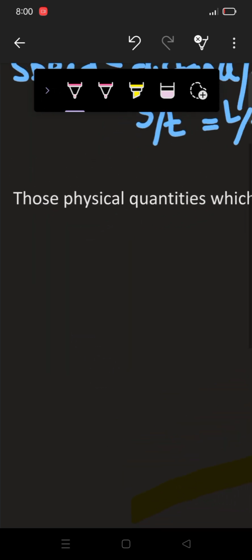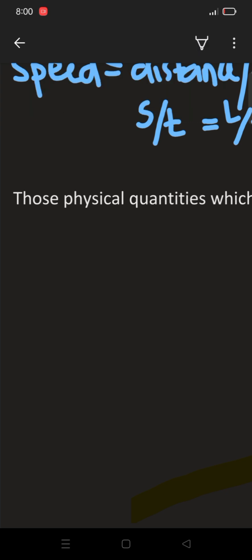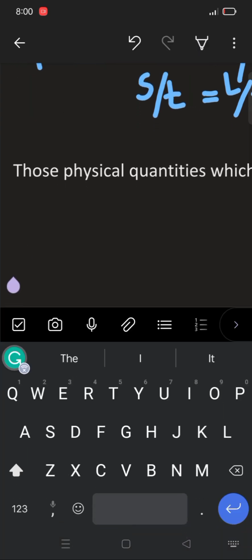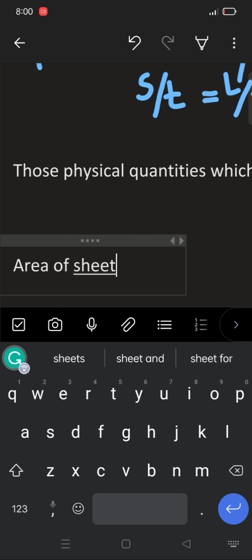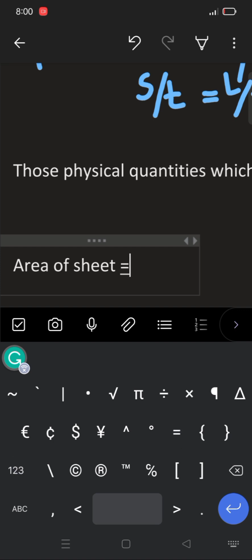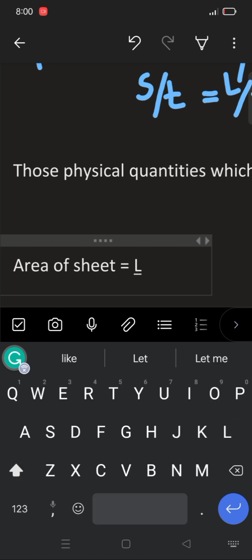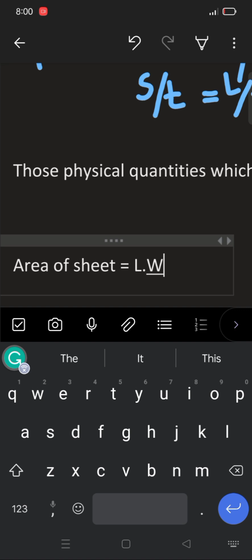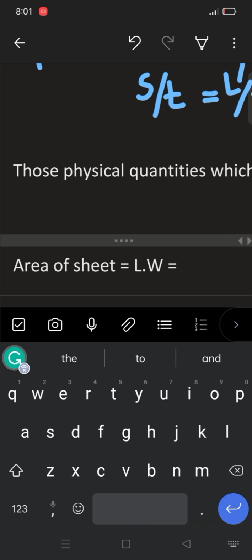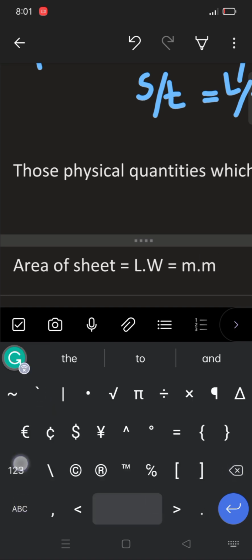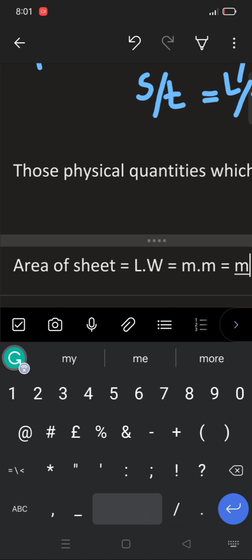Okay, so we have the area of sheet. Wait, let me write that. Area of sheet, and the formula of that is length into width. The unit of length is meter and the unit of width is meter as well. So instead of writing m m, I can also write m square.